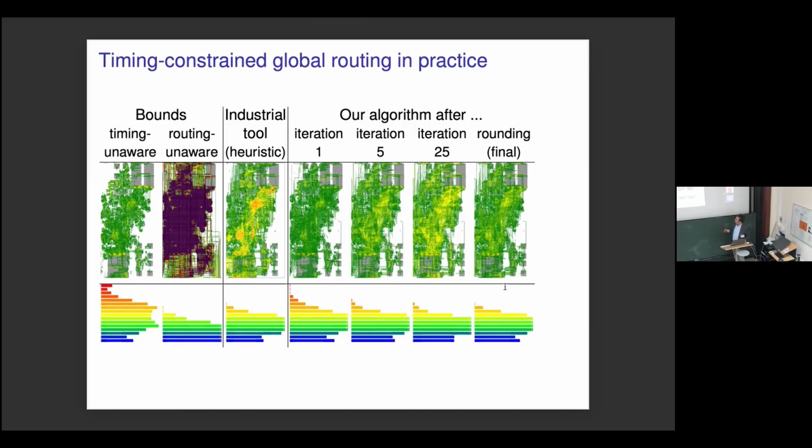This is what they use in industry. They use some heuristics. The timing is okay, but they have some hotspots in routing where it will be very difficult to close. And this is how our algorithm automatically balances between the two and nicely converges in very few iterations. And you see the rounding in this case, it even improved a little bit in the end.